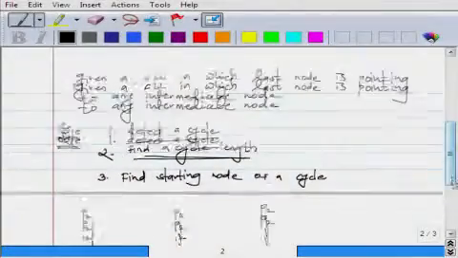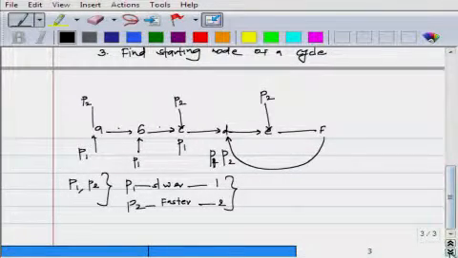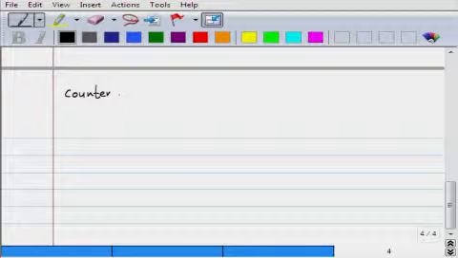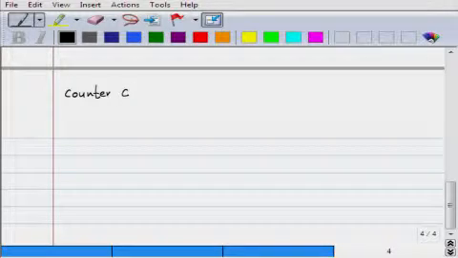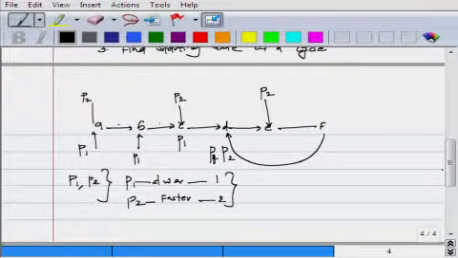To find the cycle length, one more thing that we will consider is a counter, which we call C. Whenever P1 and P2 meet each other, here they are meeting at D.